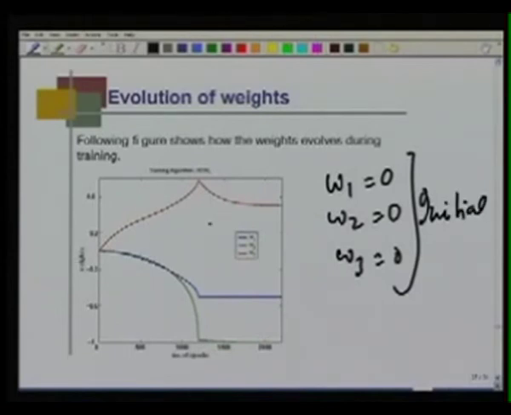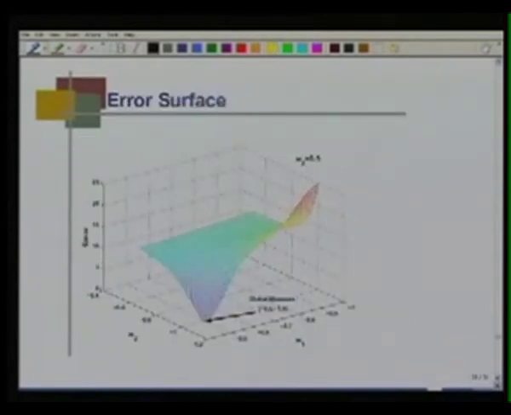As training progressed the weights settled: W3 settled at 0.5, this is the 0.5 value, W1 settled at minus 0.5, and W2, this one, settled at minus 1, which are desired. This is the error surface. If you look at how in the error surface the weights glided to the bottommost position, the global minimum. With a linear network you always reach a global minimum using gradient descent.